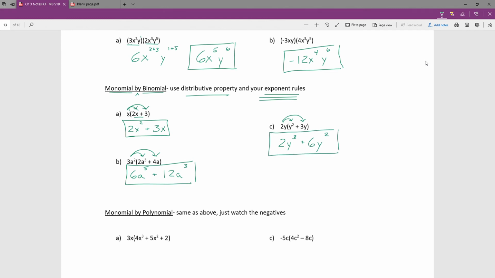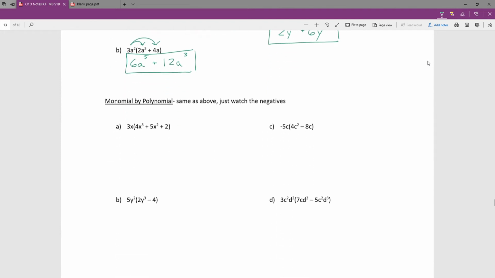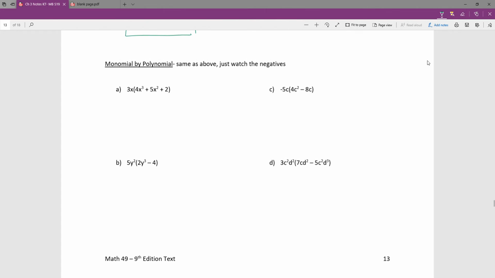So the next ones down here are more of the same, really just giving us more negatives to work through because it's common for us to miss a sign or make a mistake with negatives. So all of these are just distribution. And this time it's a monomial times a polynomial. So a polynomial is anything really, but you will see that we have a trinomial and some binomials throughout, and we've got those negative signs.